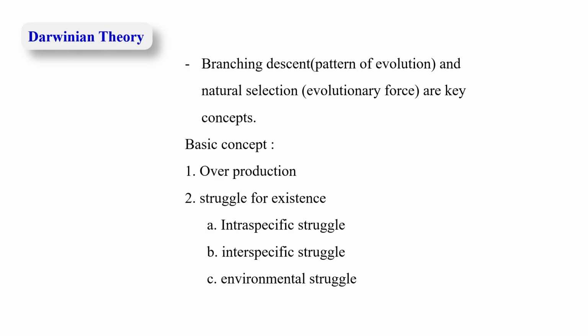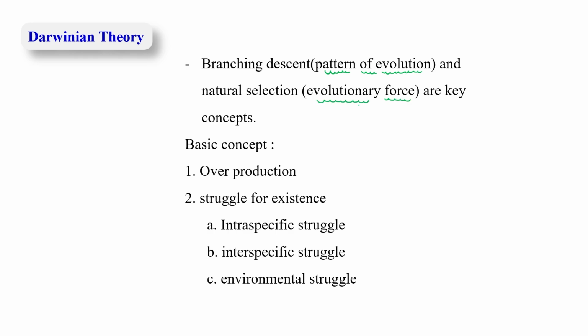Then the Darwinian theory, given by Charles Darwin, is comparatively the most accepted theory. Darwin tells us that there is a pattern of evolution and a certain kind of force, which is known as the evolutionary force.